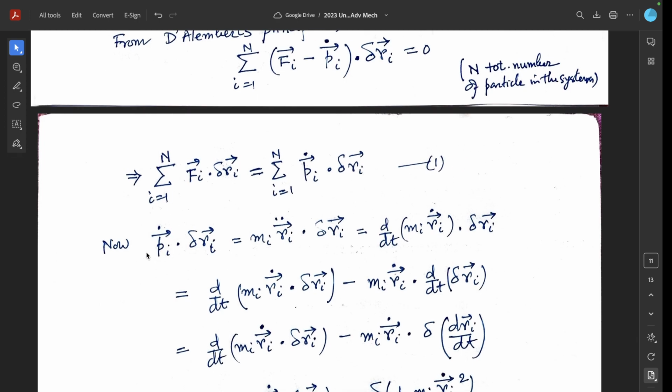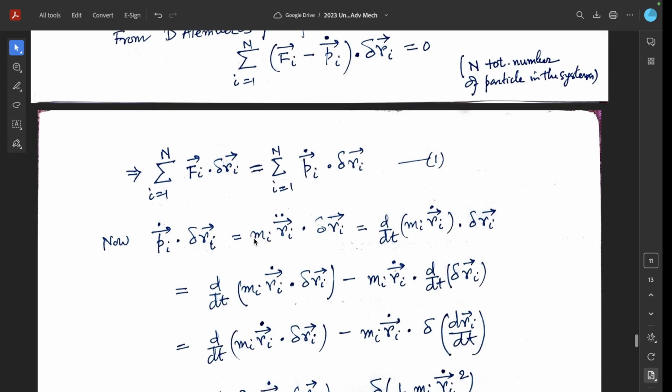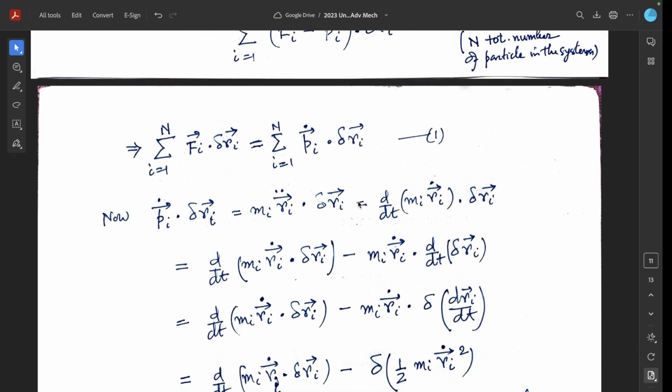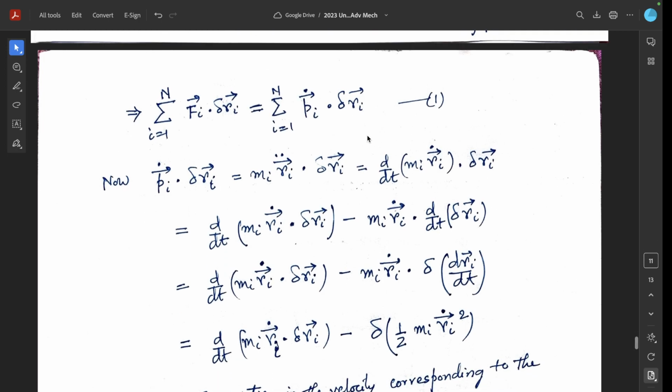Now pi dot vector dot delta ri vector equals mi ri double dot dot delta ri. So we get d/dt of mi ri dot dot delta ri, and this expression can be written as d/dt of mi ri dot dot delta ri minus mi ri dot vector dot d/dt of delta ri.